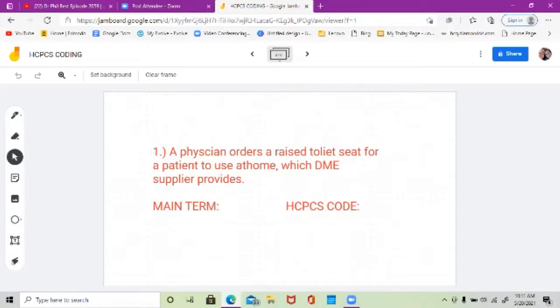Raised toilet seats. Okay, I see it there. Yeah, that's it. So do we like E0244 better? Yes, ma'am.